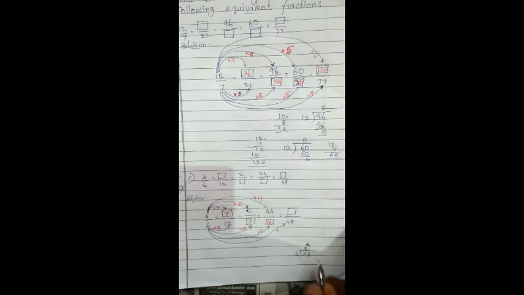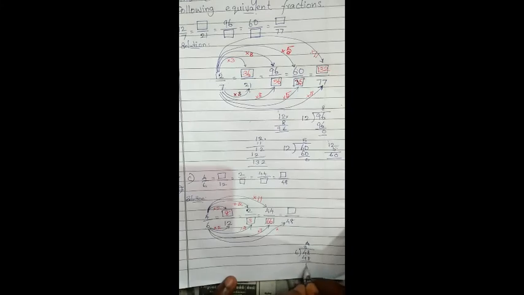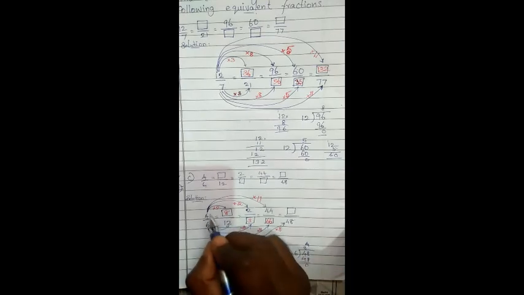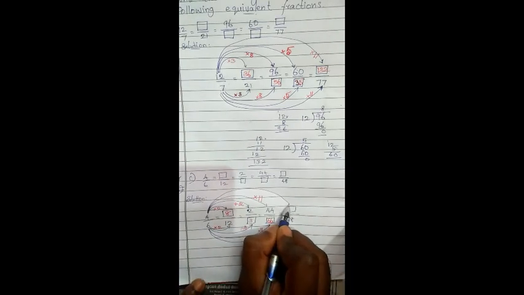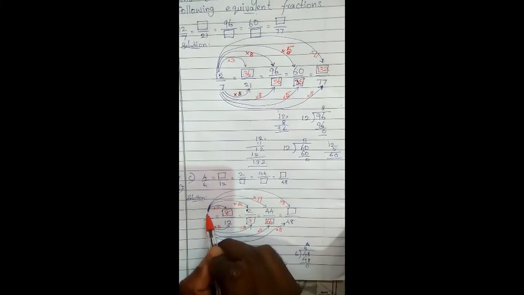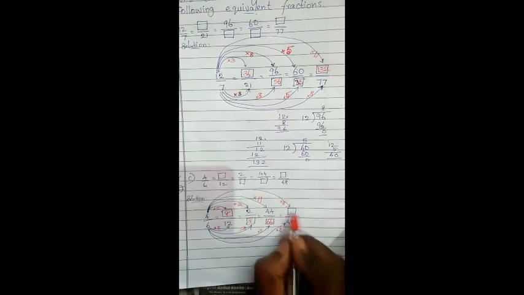How many times? 8 6s are 48, balance 0. So 8 is the answer, then by 8. Correct. So then you must multiply the numerator also by 8. So 4 8s are, very good, 32. 32 is the answer. Correct.